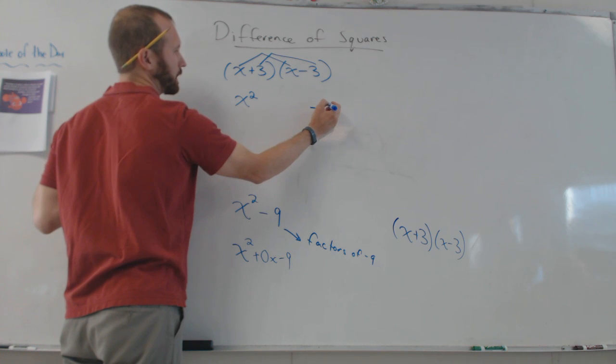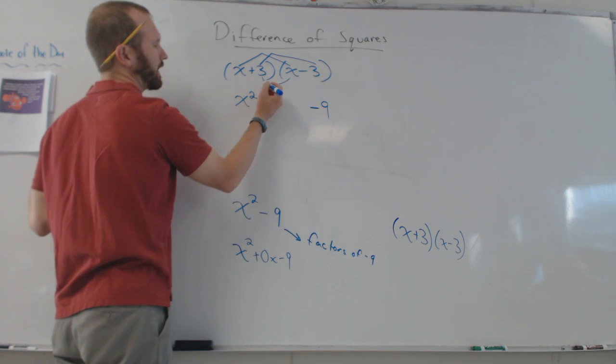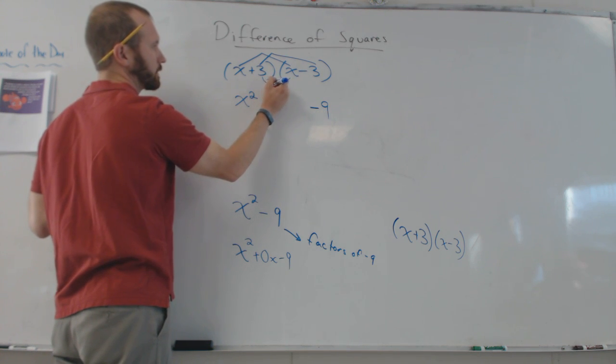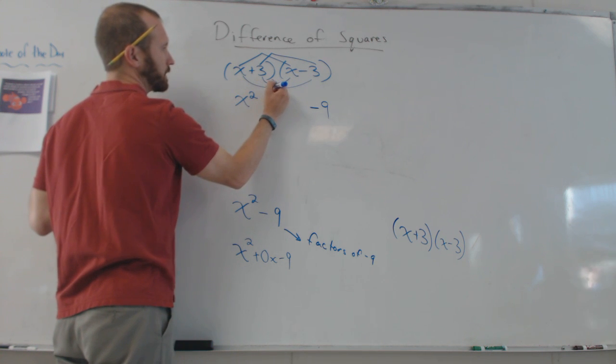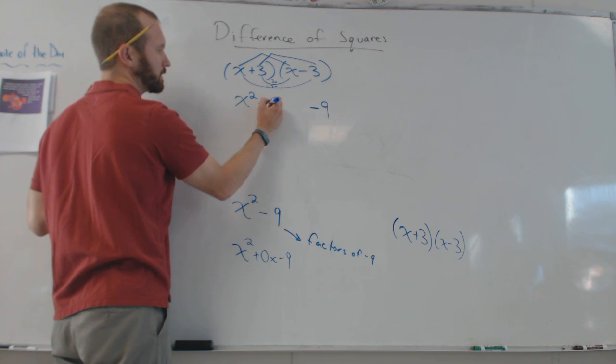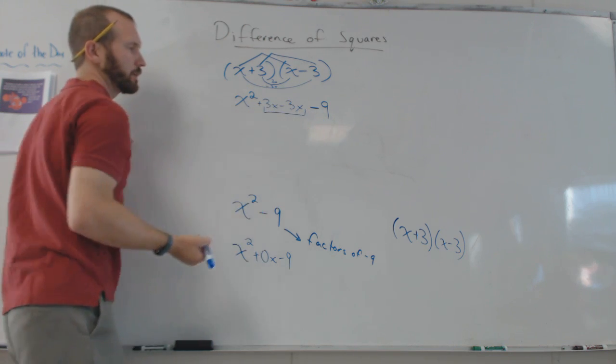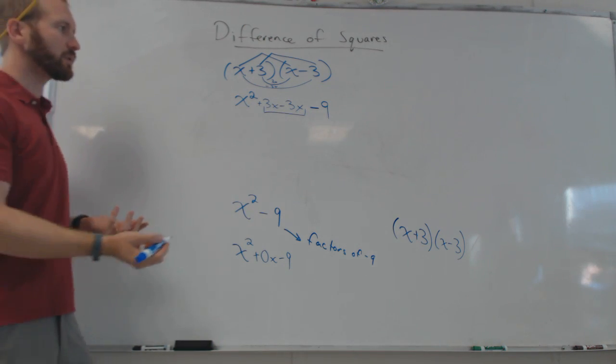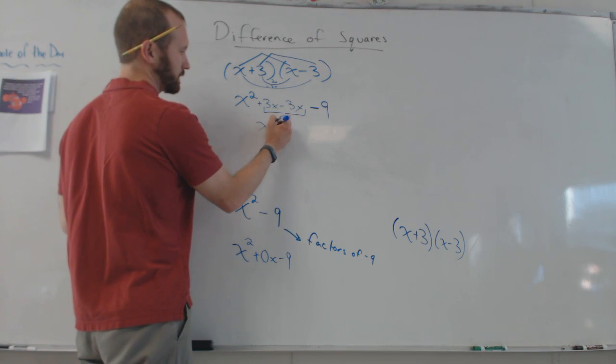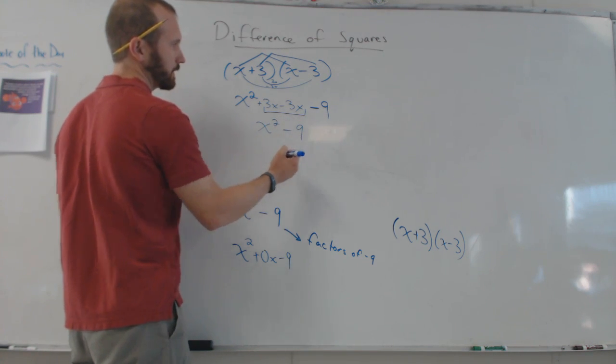I definitely have my minus 9. And then I have 3x minus 3x. So what is 3x minus 3x? 0x. So x squared minus 9. That really does work.